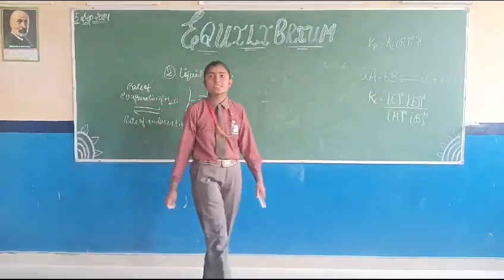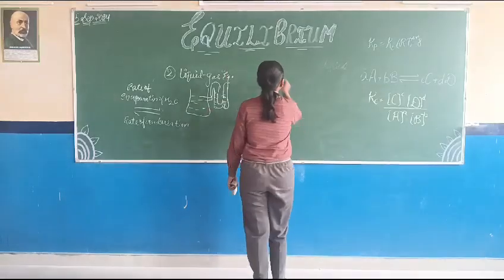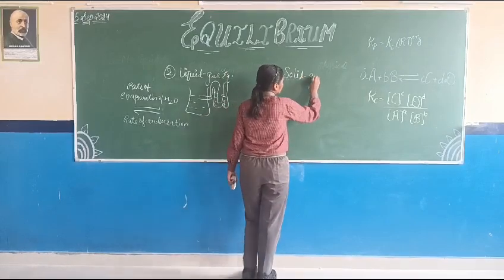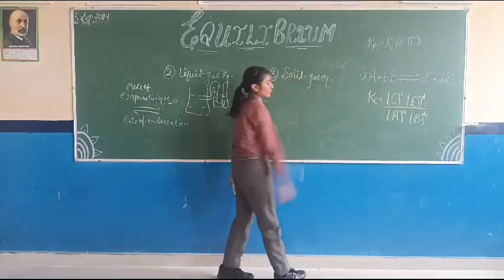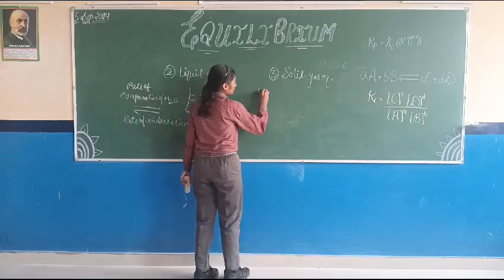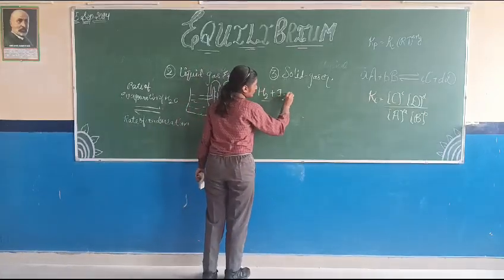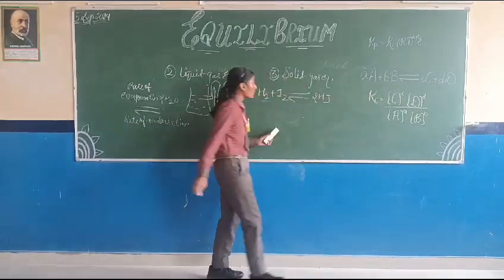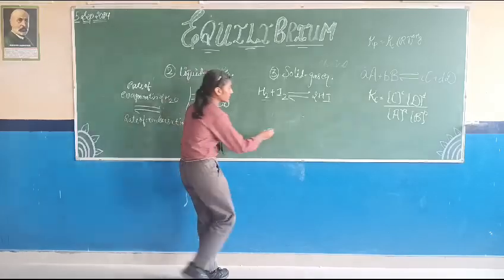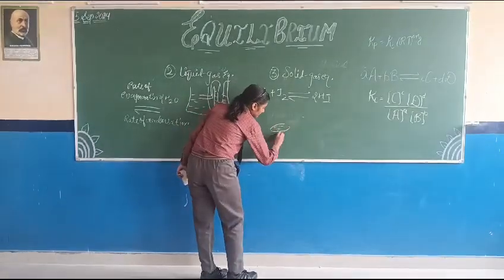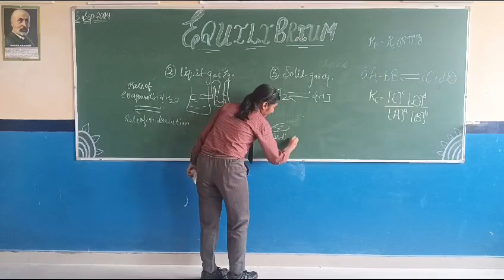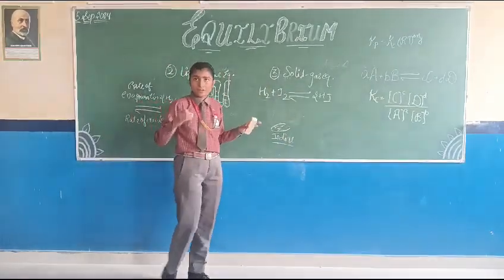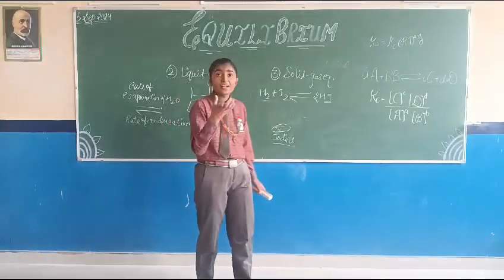Now, the third one is solid-gas equilibrium. For example, I will take I2, meaning iodine. At room temperature, it will start evaporating, meaning it sublimes into vapor.